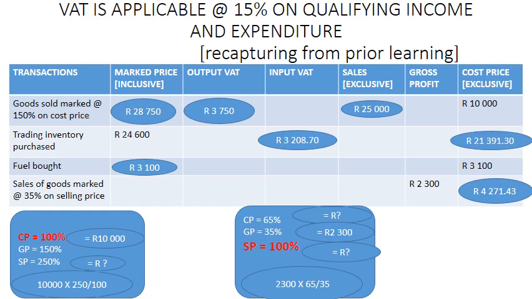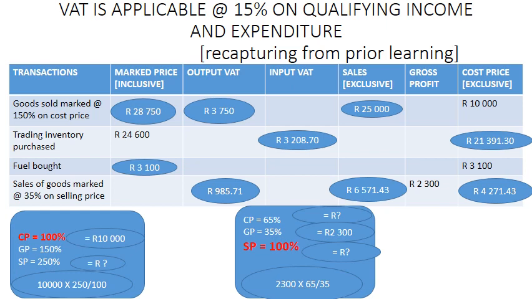We can now add the gross profit to arrive at the selling price excluding VAT of 6,571 rand 43 cents. Because VAT is added on sales, we will calculate our VAT on the selling price amount by multiplying it by 15 and dividing by 100 to arrive at the output VAT of 985 rand 71 cents.